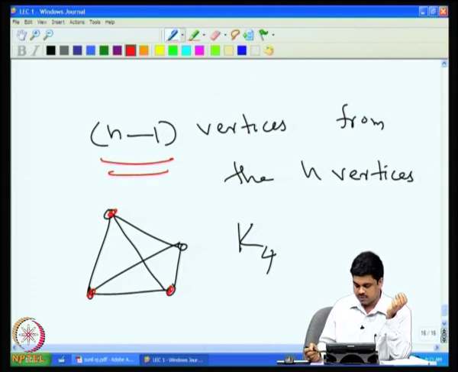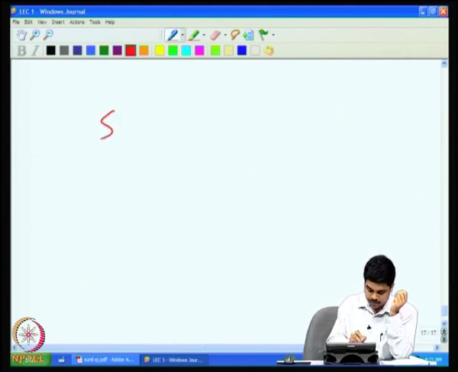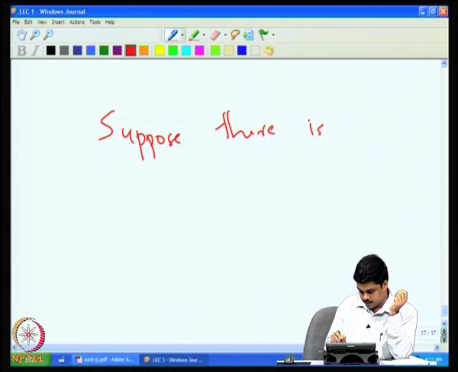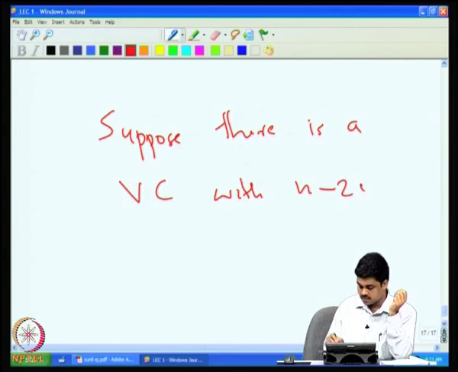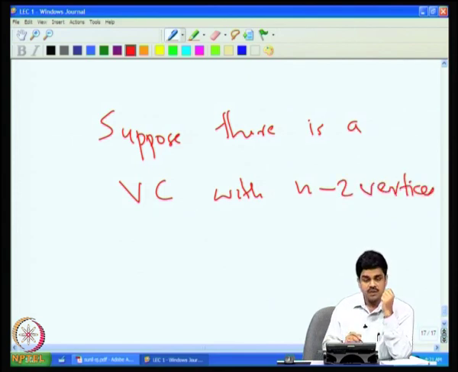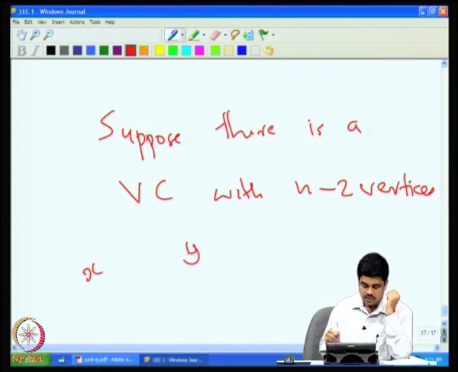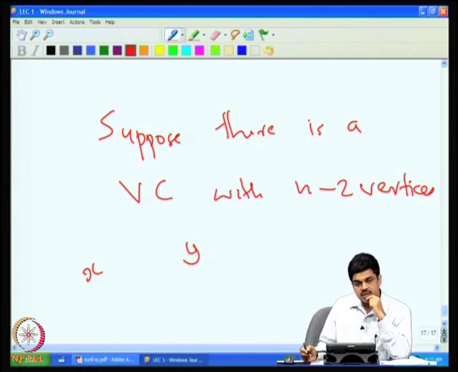Some clever way of selection, but some thought will reveal that it is not possible. Suppose we can do that using just n minus 2. Suppose there is a vertex cover with n minus 2 vertices. Then there are 2 vertices, let us say x and y in the graph, that are not in this vertex cover, because the vertex cover has only n minus 2 vertices.